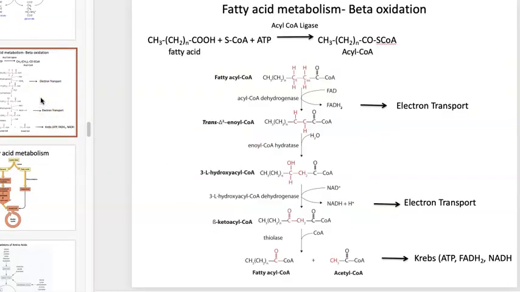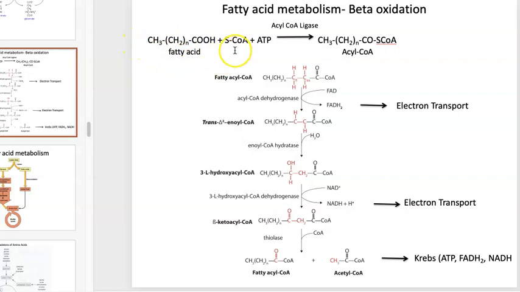Another key macromolecule that has to be consumed are fatty acids. And so fatty acid metabolism is primarily driven by beta oxidation. And so again, microbes produce all kinds of lipase type enzymes that will break down lipids and allow them to perform beta oxidation. And so in this particular case, here's a fatty acid right here.